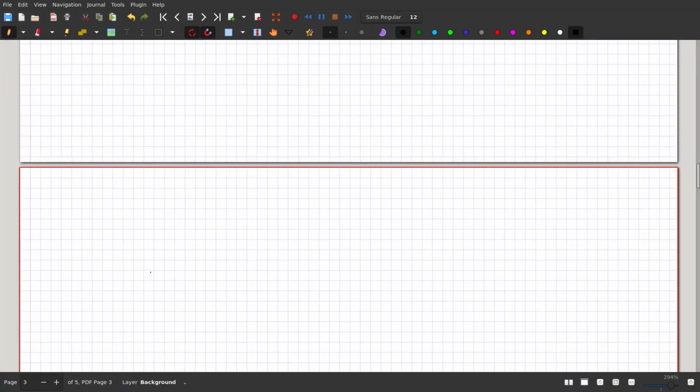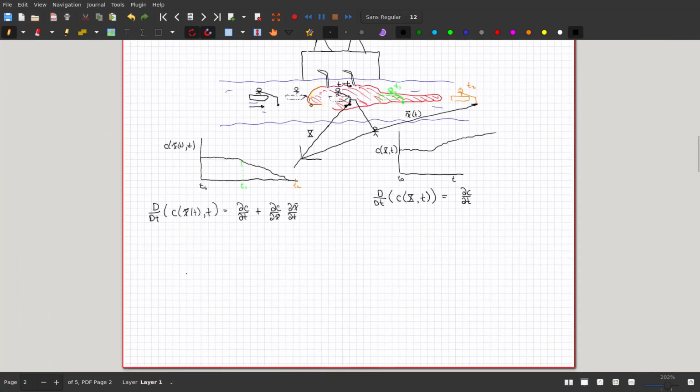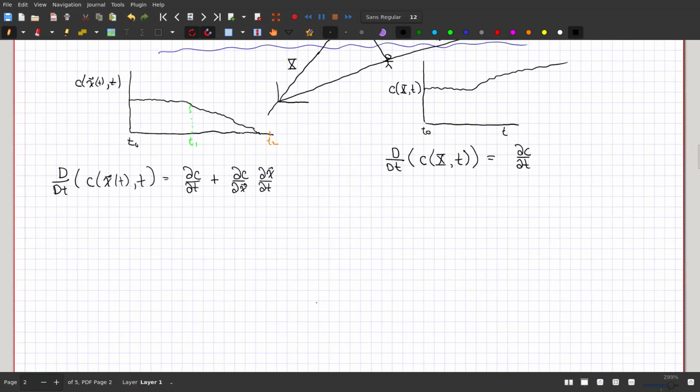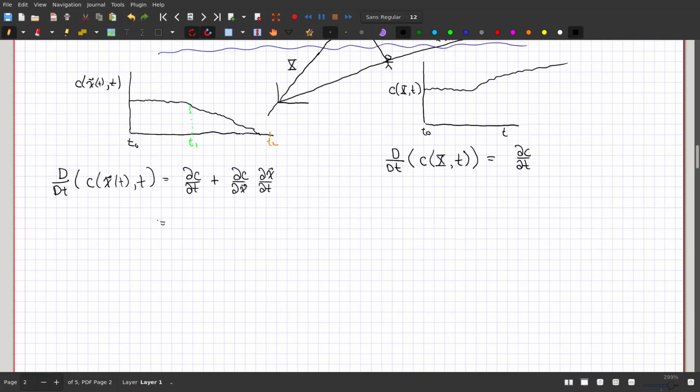So another way to write that is partial c partial t plus grad c dot v, right?